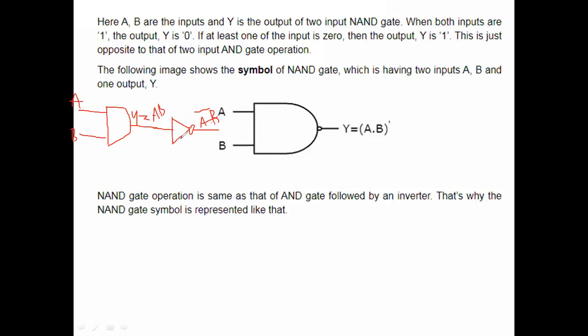So what is the input for this NOT gate? A dot B is the input. Then what is the output we are getting? A dot B whole bar.